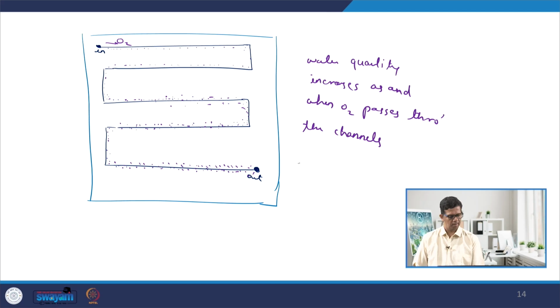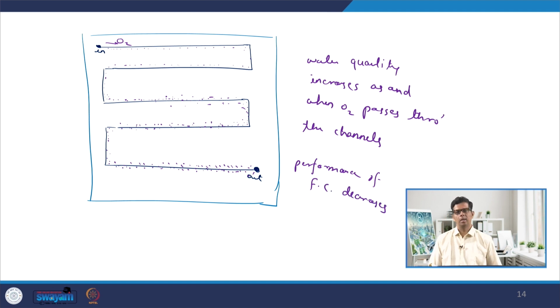So, in other words, the performance of the fuel cell decreases.